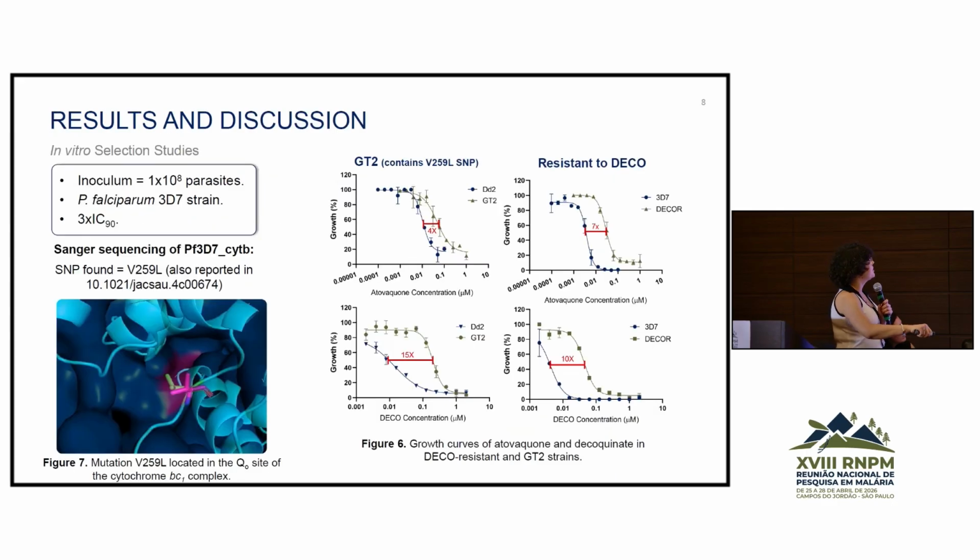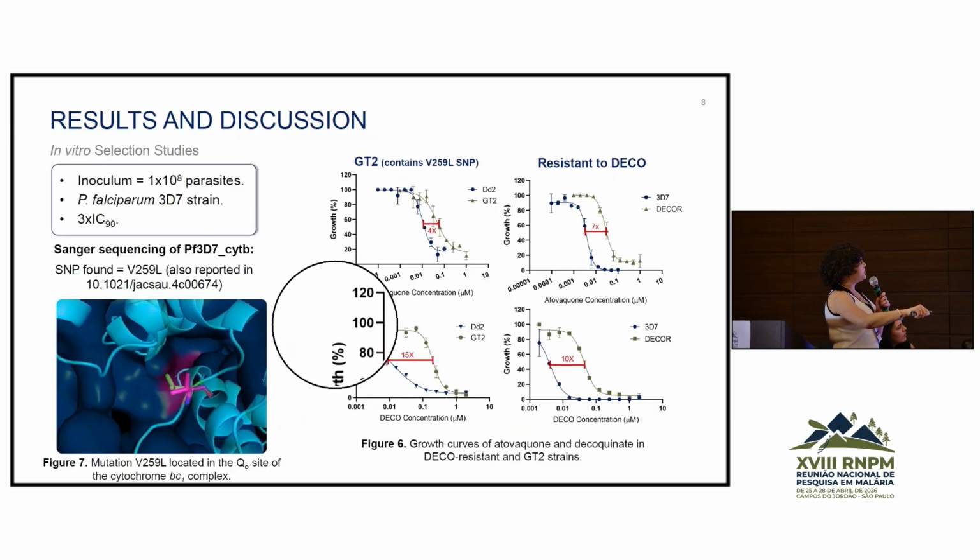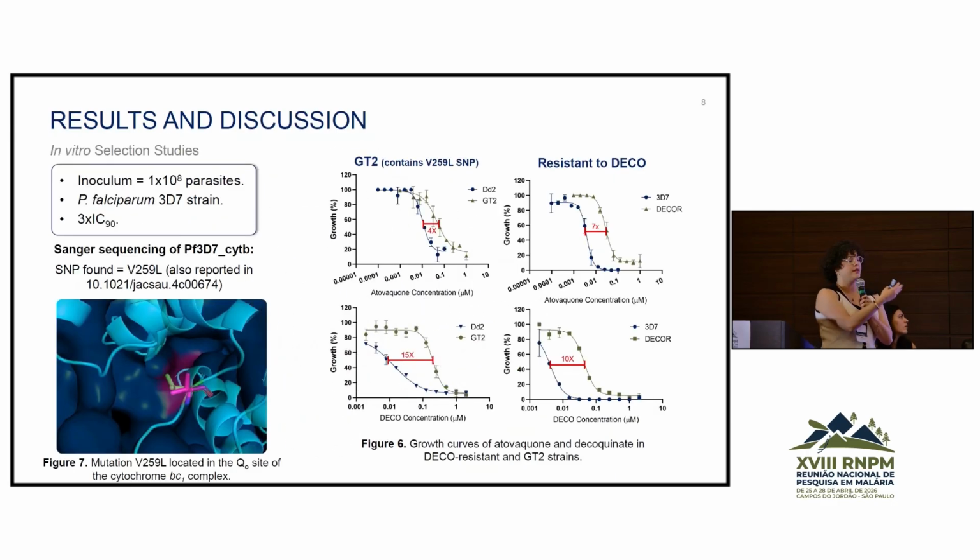And in figure number 6, we have the growth curves of atovaquone at the top and the compound at the bottom, with the two strains, one generated in the lab and the GT2 that was described in the article with the same mutation.